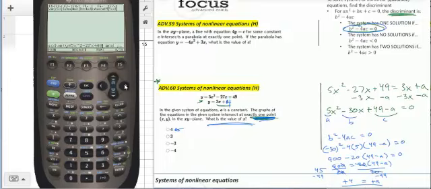And then my second equation is y equals 3x plus 4. And when I solve this, I get my value. X is 3, y is 13. Notice there is my answer.